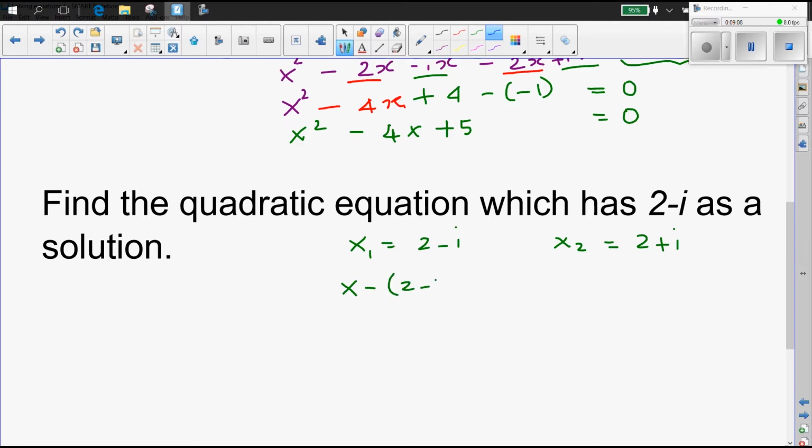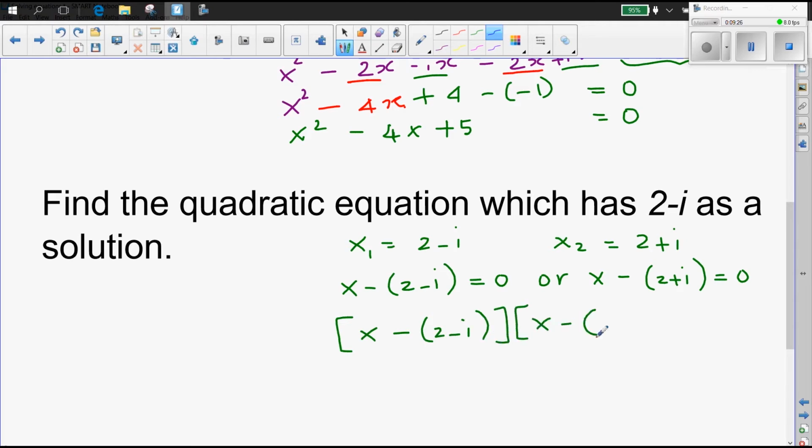We once again write down the factors. So I have x minus 2 minus i equals 0, or x minus 2 plus i equals 0. I once again multiply the two factors. So I have (x minus 2 minus i) multiplied by (x minus 2 plus i) equals 0. Now, when we multiply the first term in the first bracket with the first term in the second bracket, we get x squared.